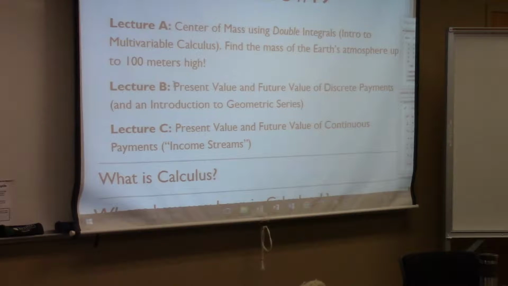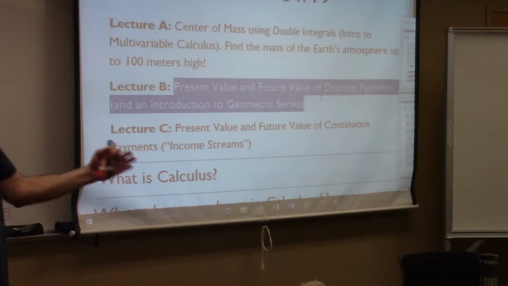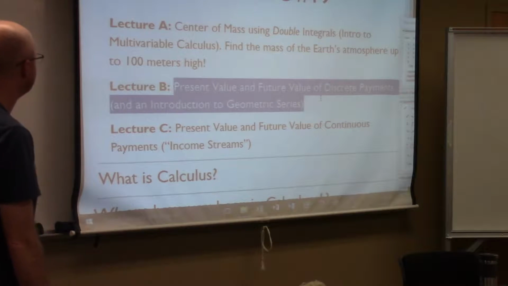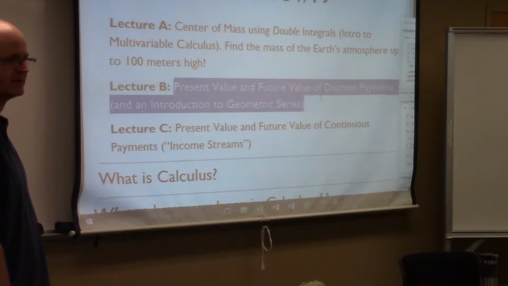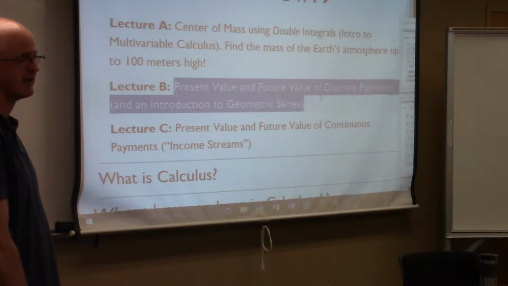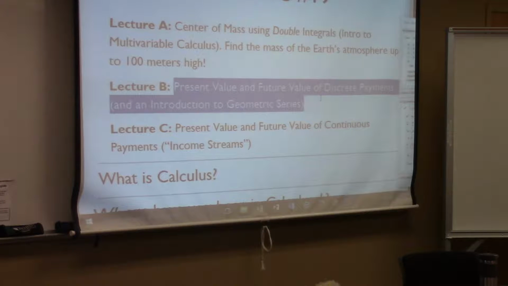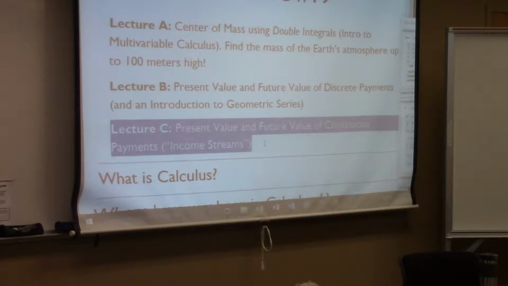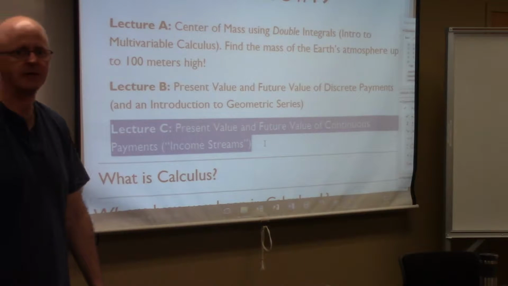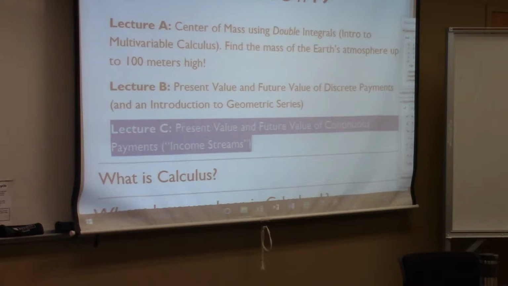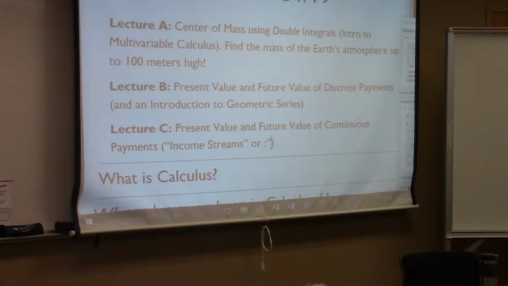Lecture B will talk about present values and future values of discrete payments. That means individual payments at certain moments in time, and introduce the idea of something called the geometric series, which is going to be very important for us in the next month or so. And in lecture C, we're going to talk about present and future values of continuous payments, also called income streams or cash flows, as another application.